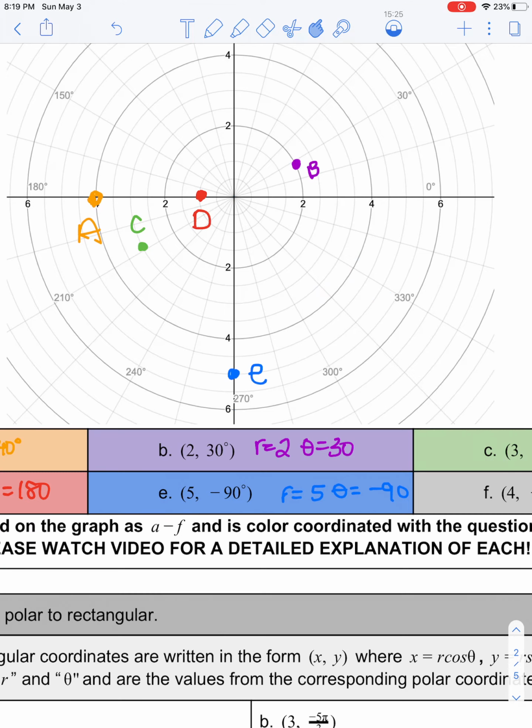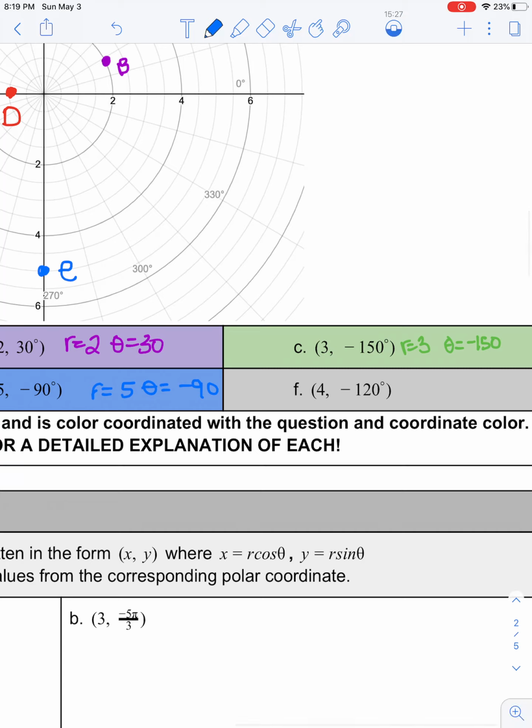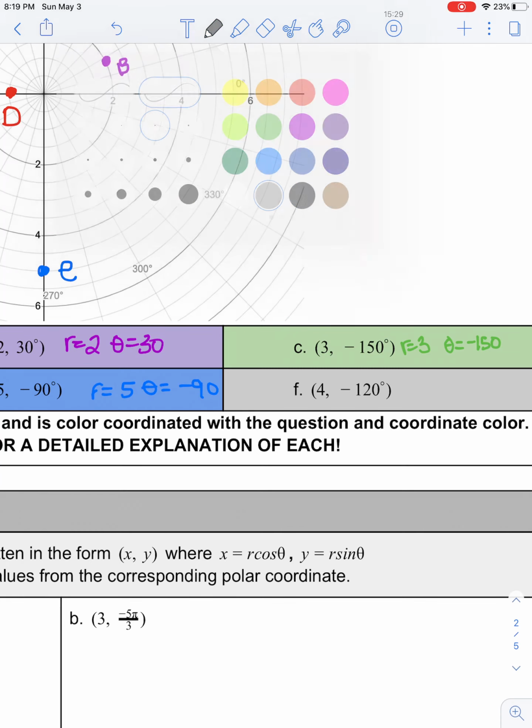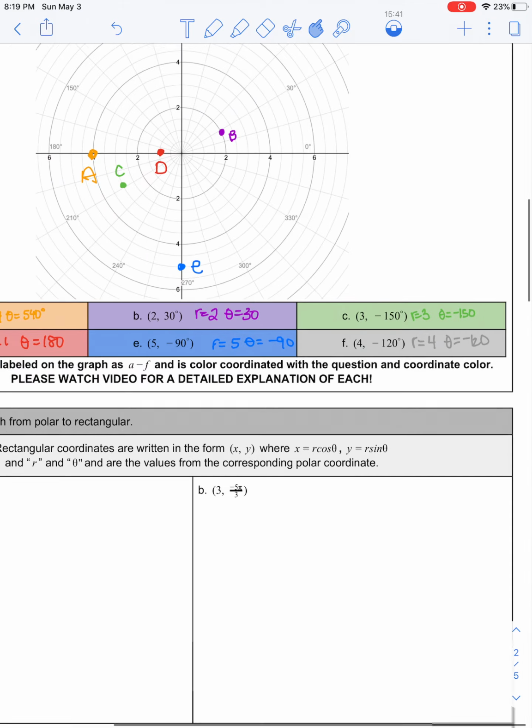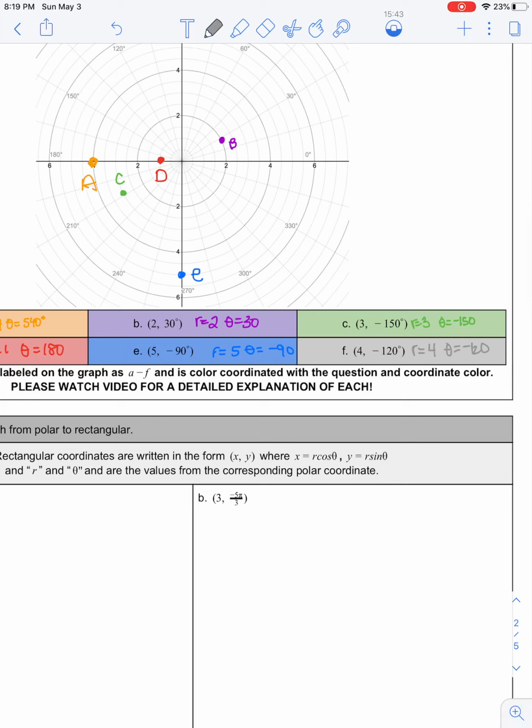All right, last one for this example. We have the point 4, negative 120 degrees. So our radius is 4 and our angle measure is negative 120. So as we've seen at this point, right, we're going to be building in the negative direction.